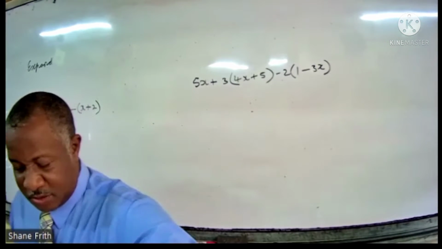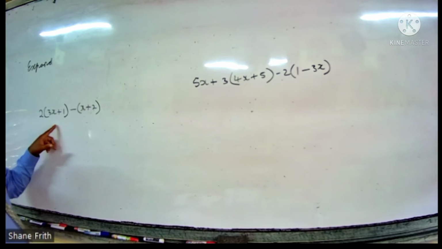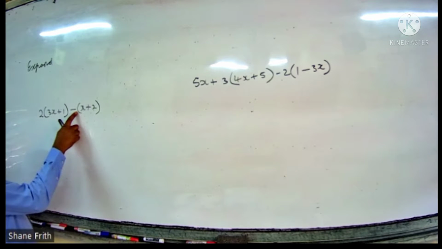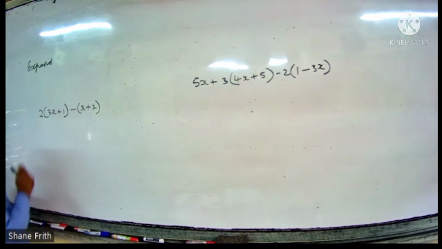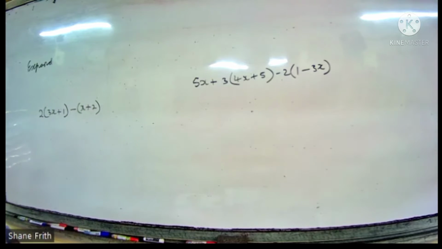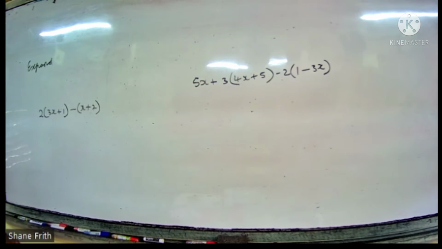So I have two questions on the board, right? Now for this question, what you need to understand is here, right? You should have a 1 there that you're going to use, so a -1 that you're going to use to clear the bracket here, expand this bracket here, right?